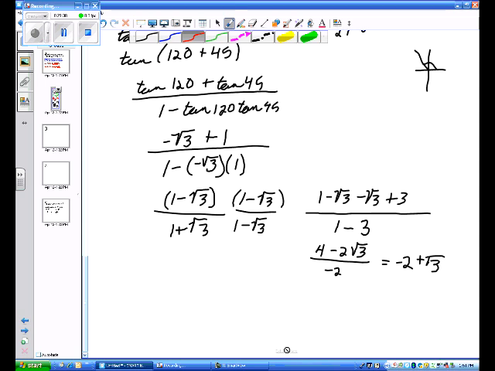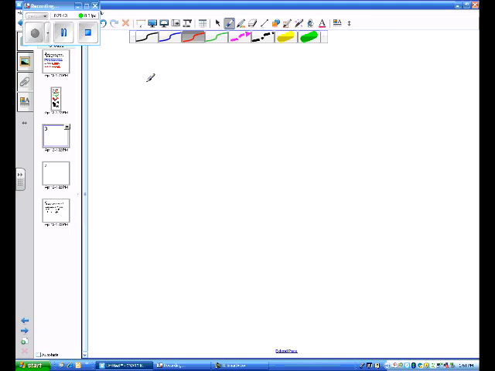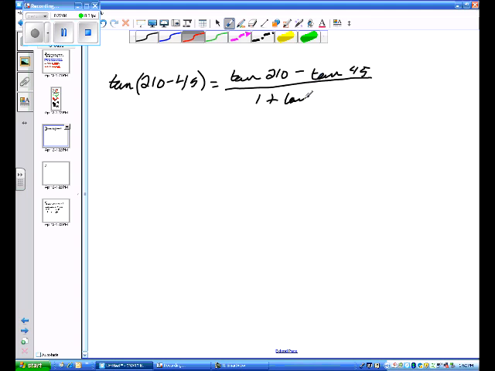Now we're going to get the same answer. The tangent of 210 minus 45. Okay, that's the tangent of the first minus the tangent of the second over 1 plus the tangent of the first, tangent of the second.